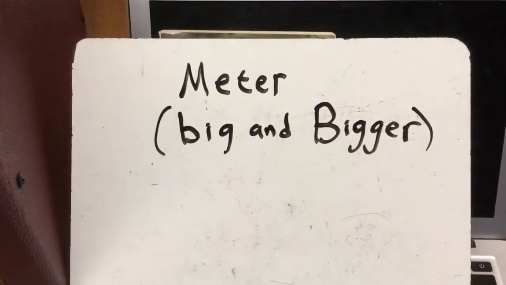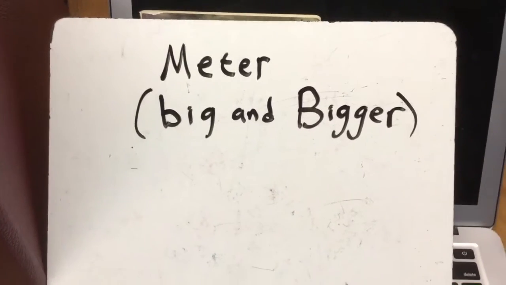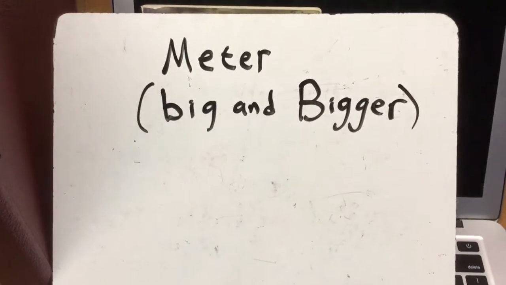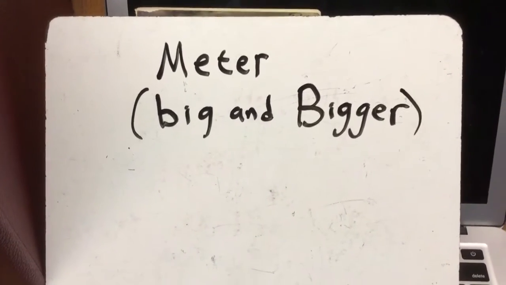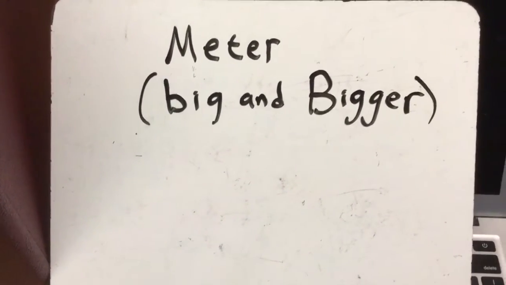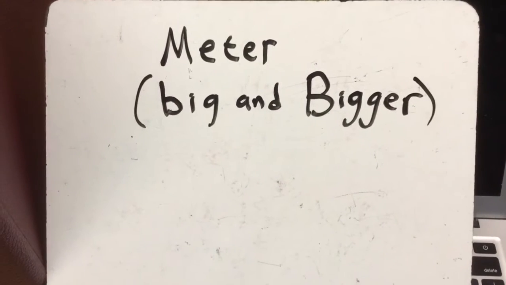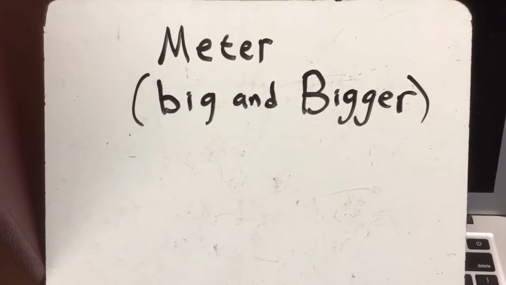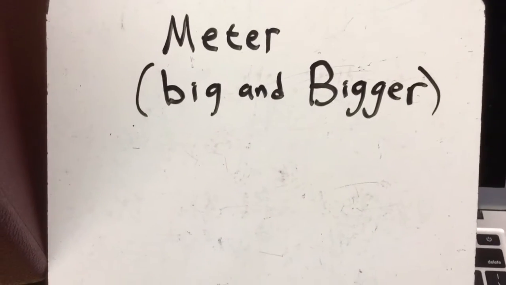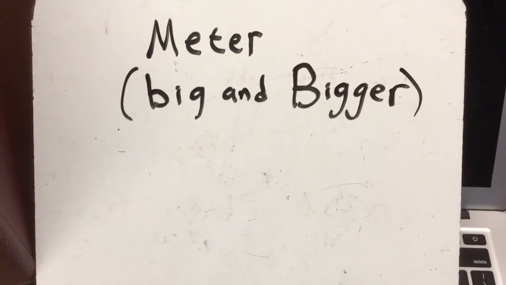The next unit is called a meter. That's for big and bigger things, okay? So a meter is like 3 feet and 3 inches long. So that's a pretty good size. It's taller than your table at school, for instance. Let me show you some things you would measure in meters. You could measure me in meters. I am 1.9 meters tall.